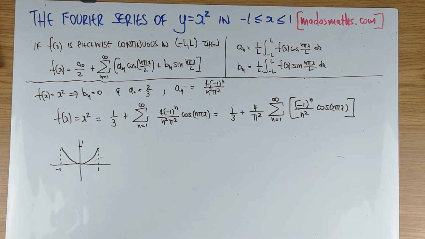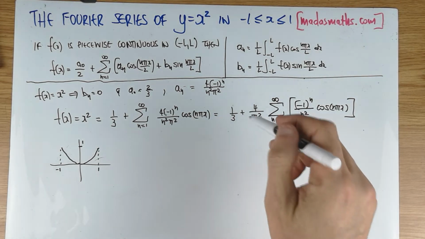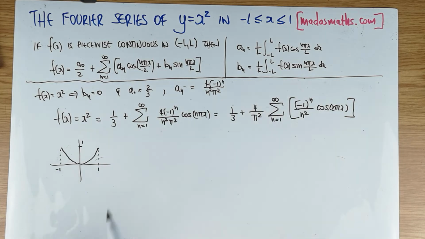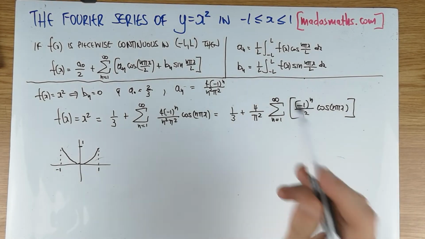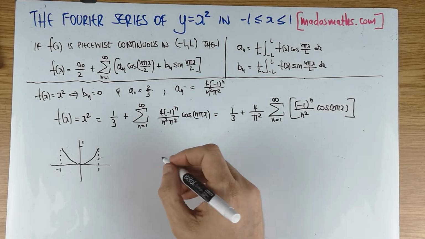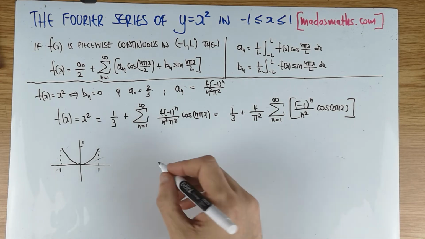What happens if we plot this bit here and we take enough terms? If we take enough terms to infinity, it will match perfectly. But if we take, let's say, the first 10 or 20 terms, it's going to look something like that.